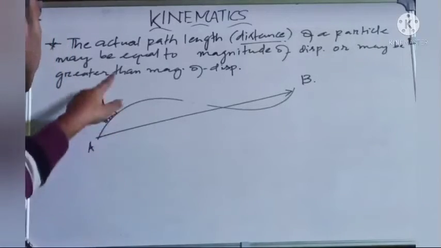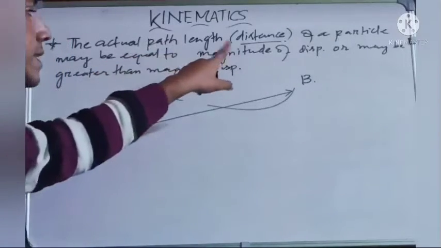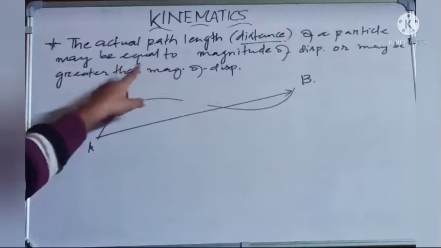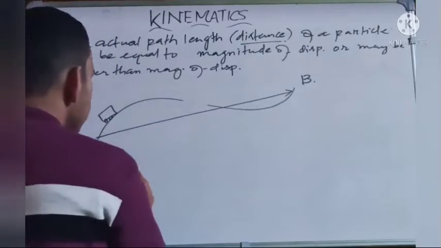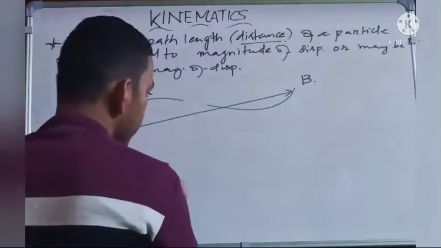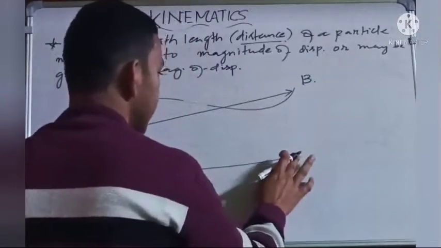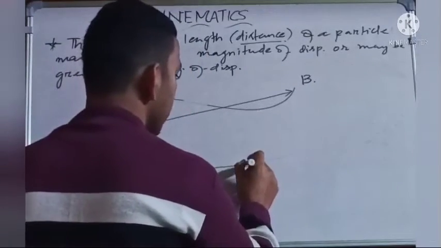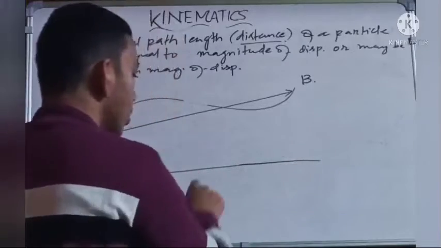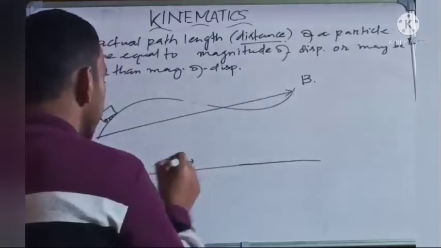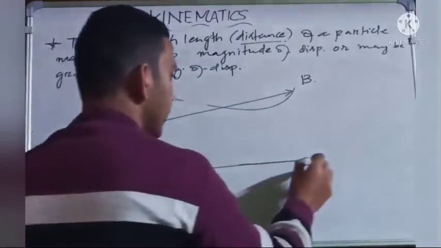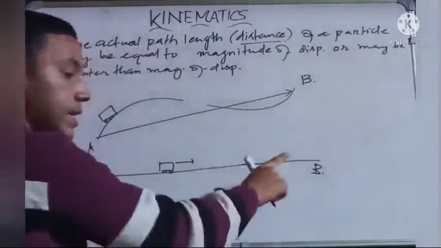Now, it is also possible that the actual path length, that is distance, may be equal to the magnitude of displacement, when the particle is moving in a straight line without reversal of motion. That means it is not changing its direction, it is not turning back, and it moves from point A to B in a straight line path.